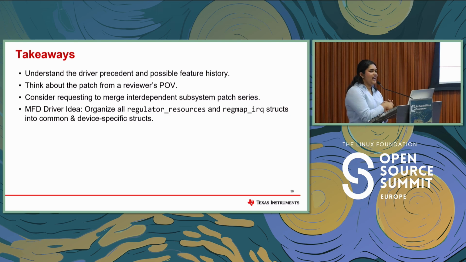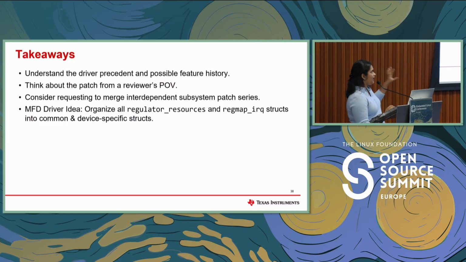Actually, another idea I had, maybe there's a way to implement this, but as I was racking my brain and trying to see what all was out there, I could not figure it out. For the regulator resources and RegMap IRQ structs, like I had shown on why there was similar code churn for adding each PMIC in, I couldn't figure out a way to cleanly structure a common struct for the regulator resources that all overlapped, and then add in a device-specific struct for those PMIC-specific regulator resources.